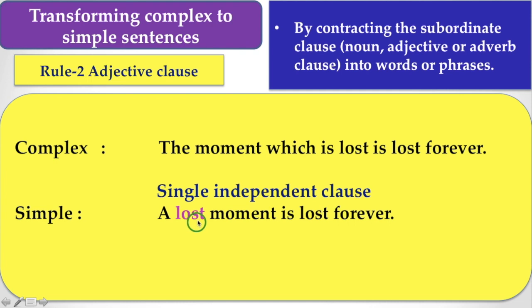Here you find the adjective "lost," a lost moment. Here "lost" is used as an adjective to the noun. The whole subordinate clause has been represented by a single adjective, "lost."